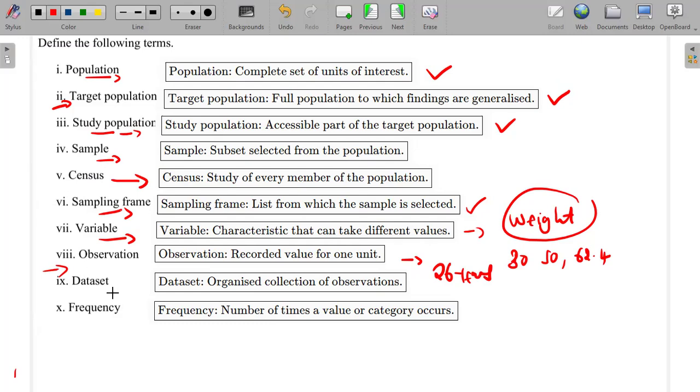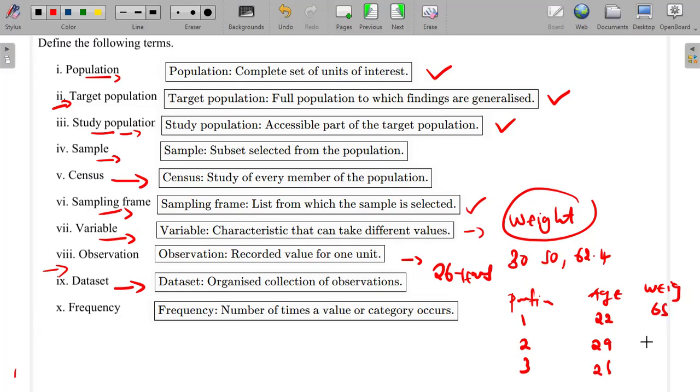And then a data set. Okay, so a data set is an organized collection of observations, usually arranged in rows and columns. That's what we call the data set. So I'm going to say, okay, I have patients here, for example, then I have age, and then I have weight. So I'm going to have patient one, patient two, patient three, and so on. I can say, okay, patient one is 22 years old. Patient 2 is 29. Patient 3 is 25. And then the weight, this one is 70.